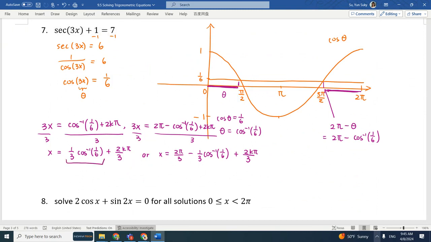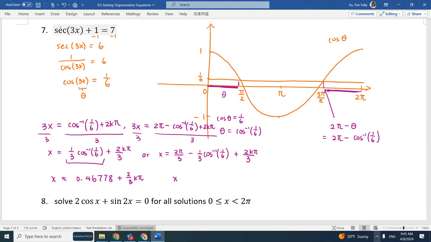But you can use your calculator to compute the previous term, 1 over 3 times arc cosine 1 over 6. I calculated 0.46778.